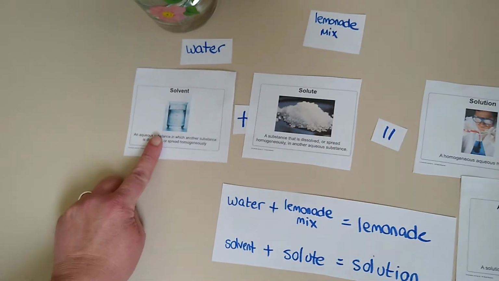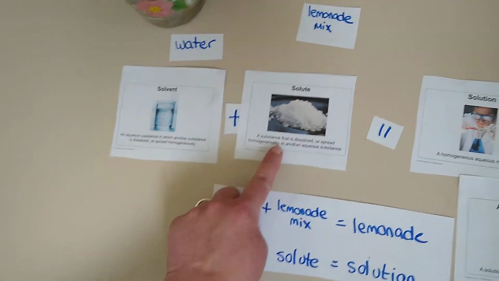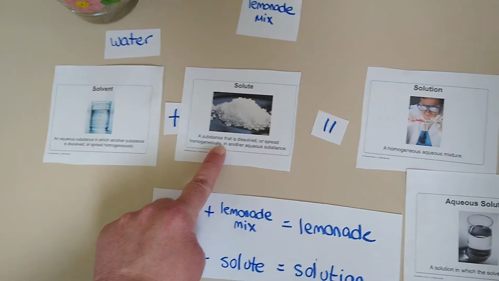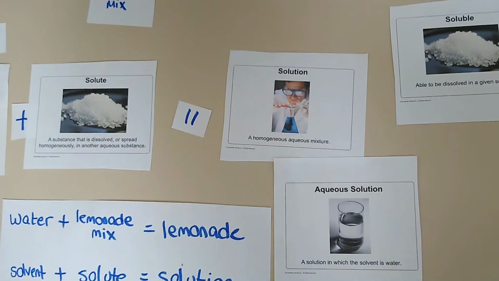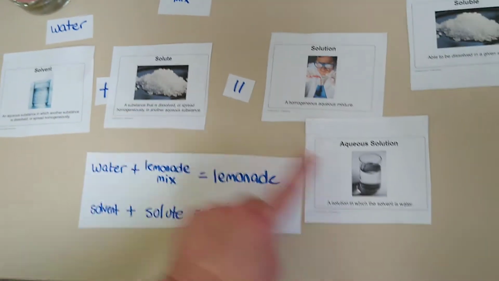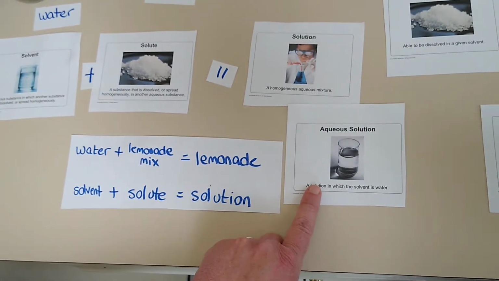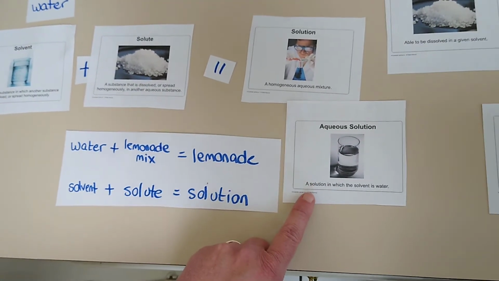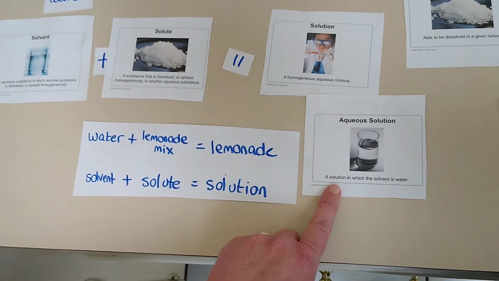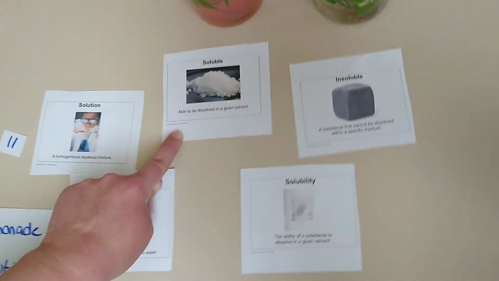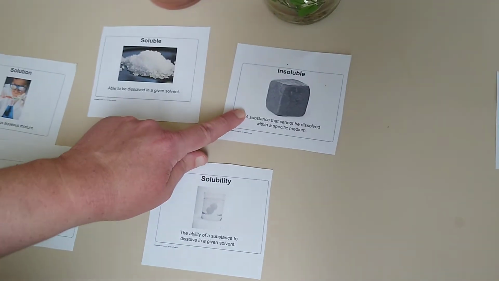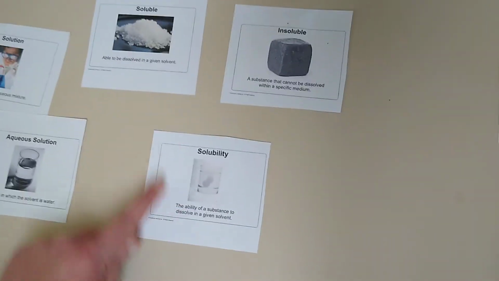The solvent does the dissolving. The solute gets dissolved. The solution is the solvent plus the solute. If it is an aqueous solution, then it is a solution where the base or the solvent is water. If it is soluble, it will dissolve. If it's insoluble, it will not dissolve.